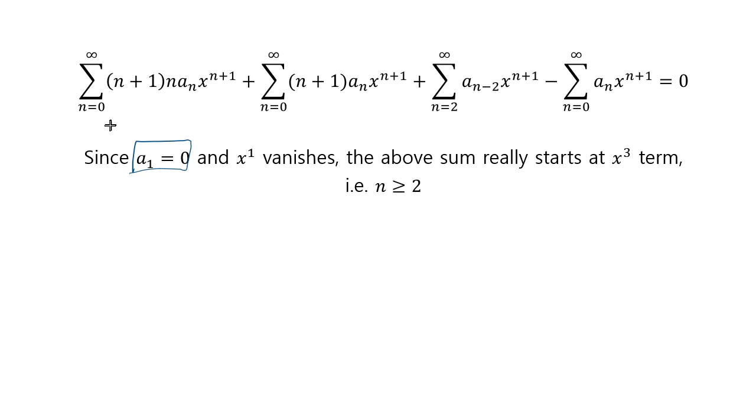And also at 1 a.m., when n is 1, all of them will just add up to, again, 0, assuming that a1 is 0. And therefore what that means is only starting at n equals 2, which corresponds to x to the third power, these things produce something that's non-zero. Okay?